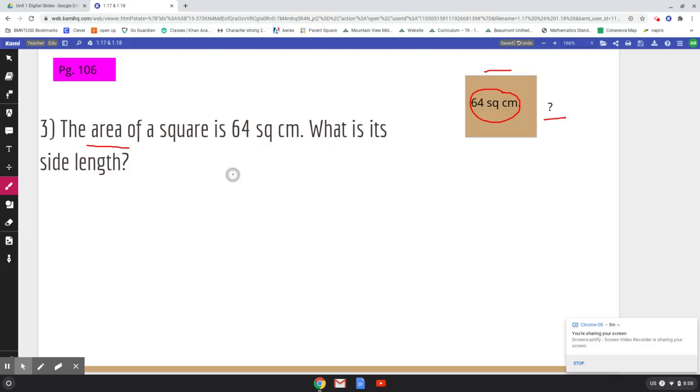So I would do 64 divided by 8 equals 8. So this side would be 8 and this side would be 8. And then if you want to check your work, 8 times 8 makes the 64 on the inside. So under number 3, you're just writing 64 divided by 8 equals 8.